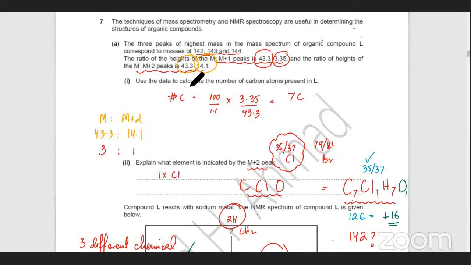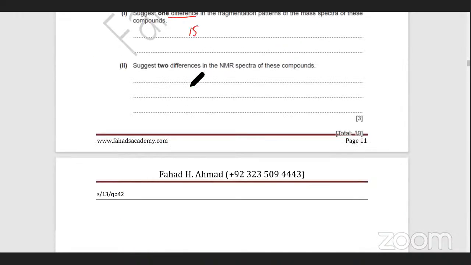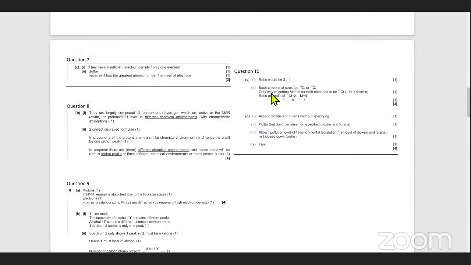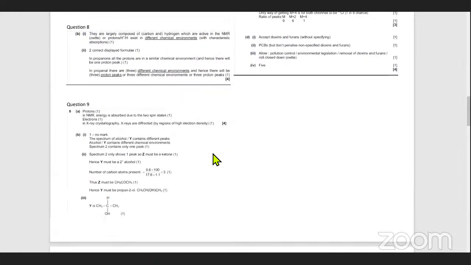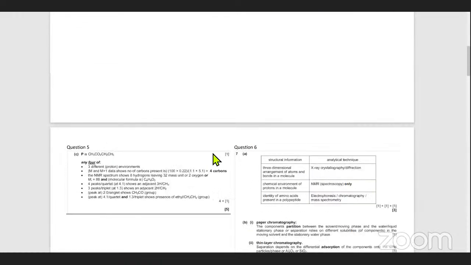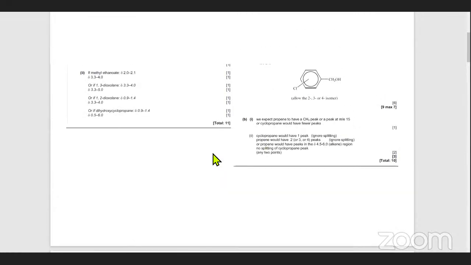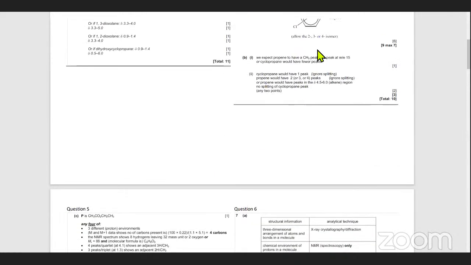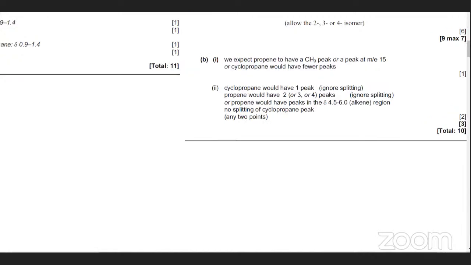Just let me quickly check to get it right. No, that's the only one. That's the only one: 15. That's the main difference.